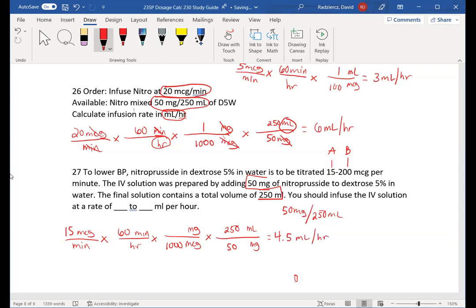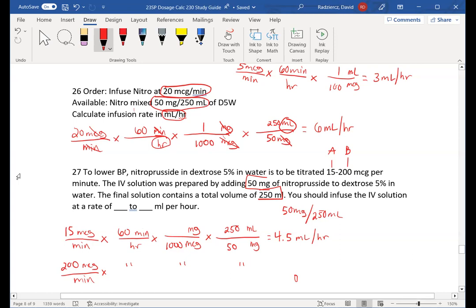So that's point A. I also need to calculate and account for point B, and that goes all the way up to 200 micrograms per minute. And I'm going to follow the exact same steps that I've listed above. I would tell you to write this out. I'm just doing the quotes to indicate that it's the same conversion factors coming down.